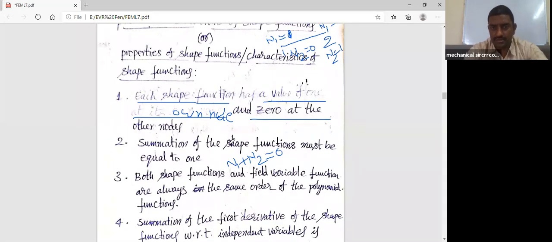For other elements, it is the summation of all shape functions. For example, consider a 2D triangular element; the total number of shape functions is 3, N1, N2, N3, and the summation of all shape functions must be equal to 1.